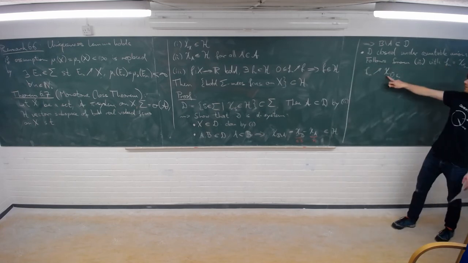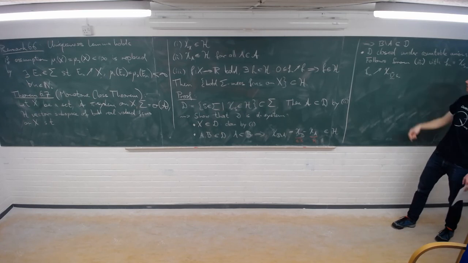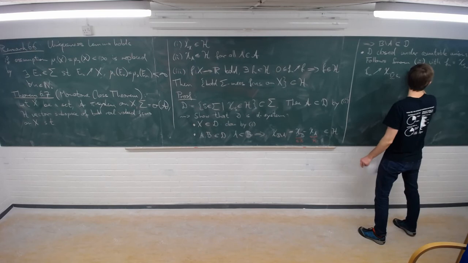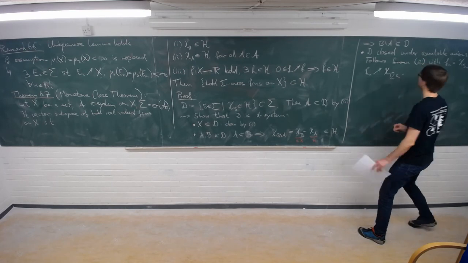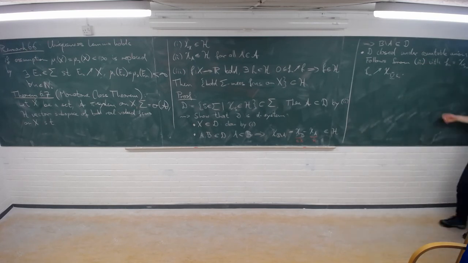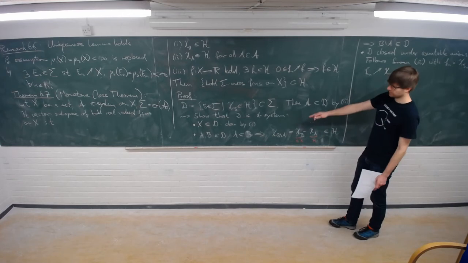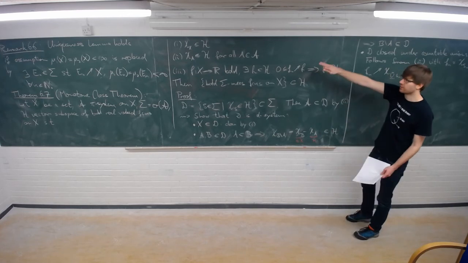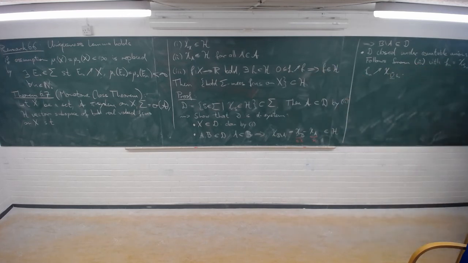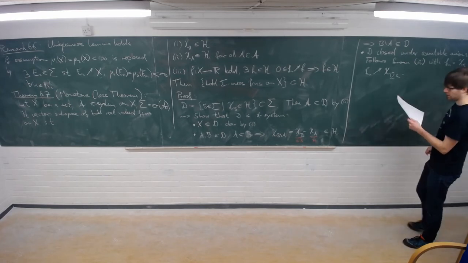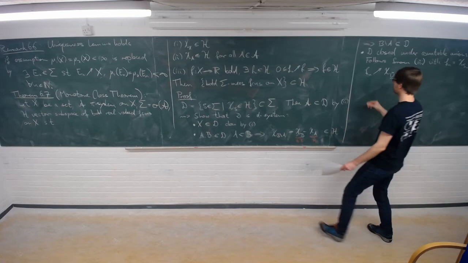So 3 tells us that the characteristic function of this union is an element of H, which means that this union is an element of D, by definition of D. So really each point follows immediately from the assumptions that we made. Okay, so this implies that D is a D system.